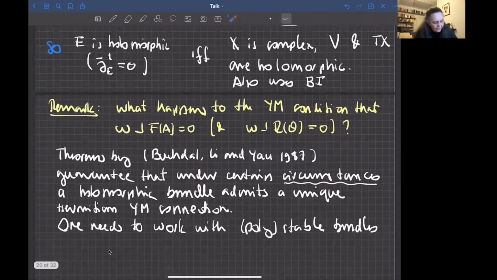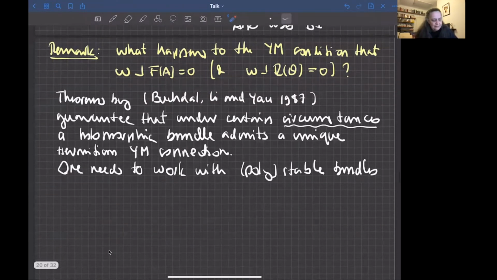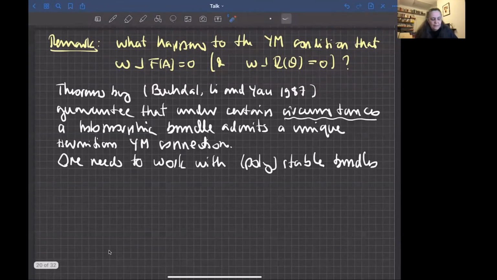But before I do that, let me say the following. What happens to the Yang-Mills condition, right? Not only do the bundles need to be holomorphic, but we also need to satisfy this Yang-Mills condition for the connections A and theta.